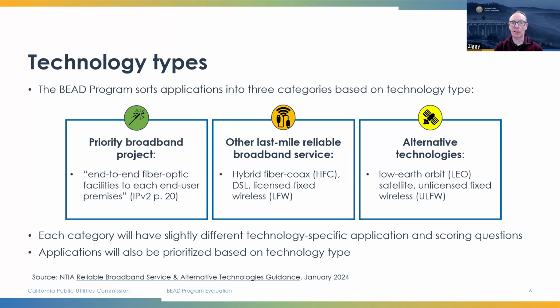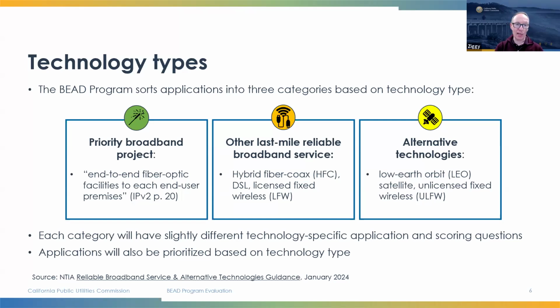And then finally, the last technology type are so-called alternative technologies. These are low orbit satellite and unlicensed fixed wireless, and any hybrids of those would fall into this category as well.